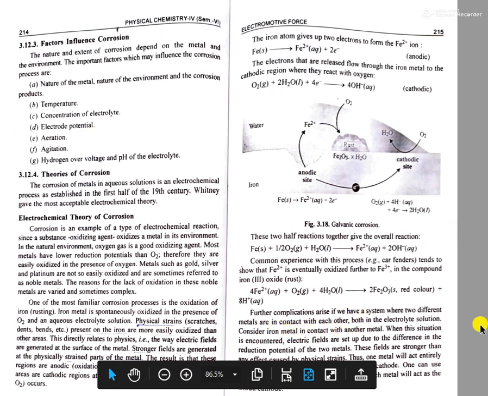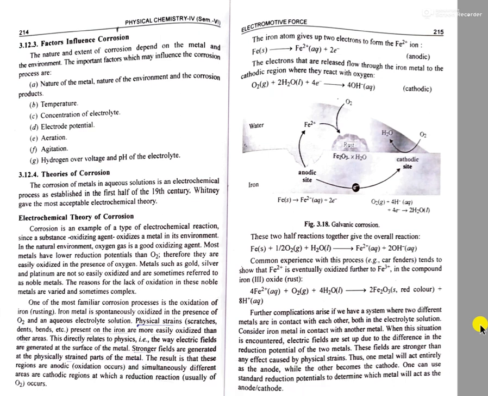In this situation, electric fields are set up due to the difference in the reduction potential of the two metals, and these fields are stronger than any effect caused by physical strains. Therefore, one metal will act entirely as an anode, while the other metal will act as a cathode. So one can use the standard reduction potential to determine which metal will act as an anode or the cathode.